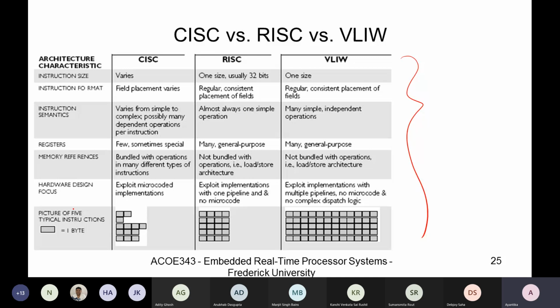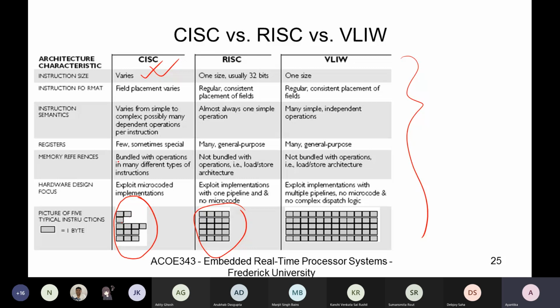But one thing: how you are representing these instructions. In the case of CISC, this is a very important thing, the instruction size varies. That means this is one complex instruction, and this is one complex instruction, and in turn the smaller blocks are maybe some smaller instructions.